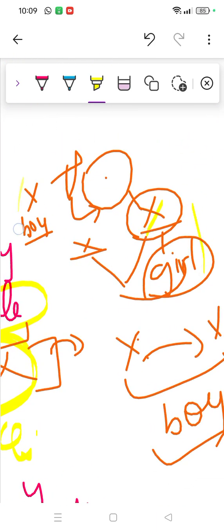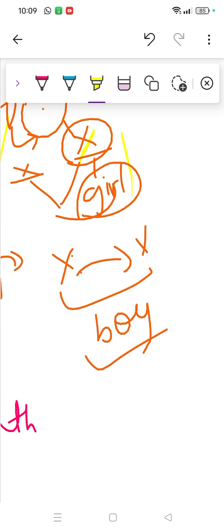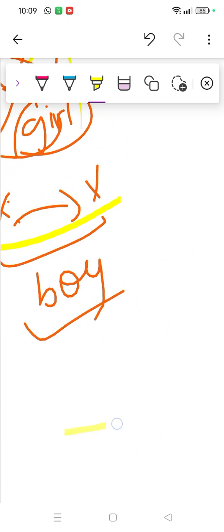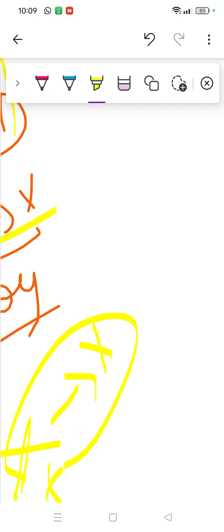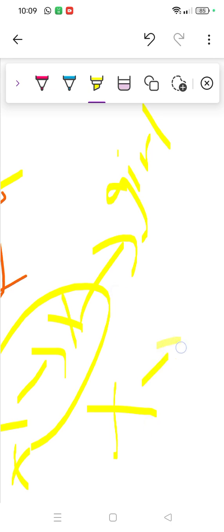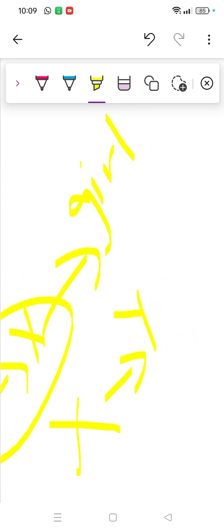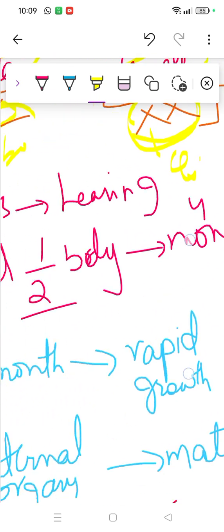If Y, it means a boy. If the female can only give X, and from the male it's coming Y, then when we get X from both, a girl will be formed, and from female X and from male Y, then a boy will be made. So I hope it's clear.